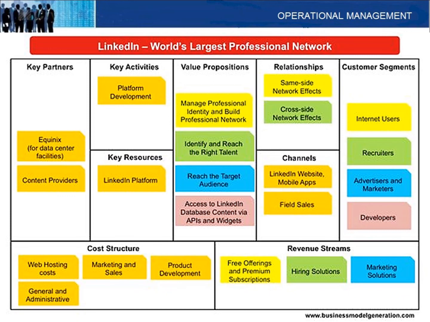For the revenue streams, they have hiring solutions, marketing solutions, free offerings, and premium subscription. Also you could see their key partners, key activities, customer segments and channels, for your reference.